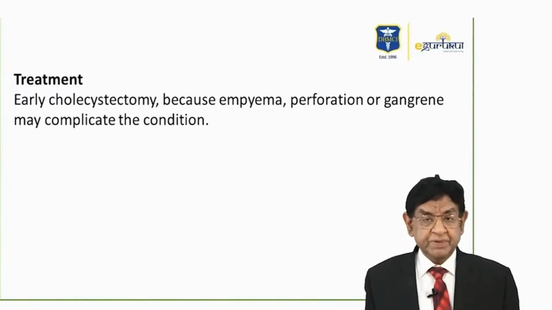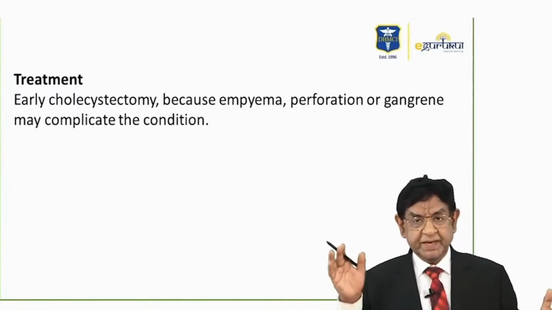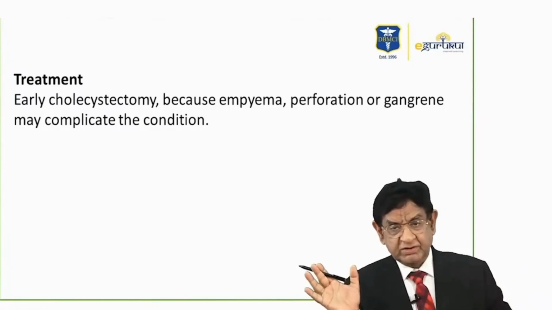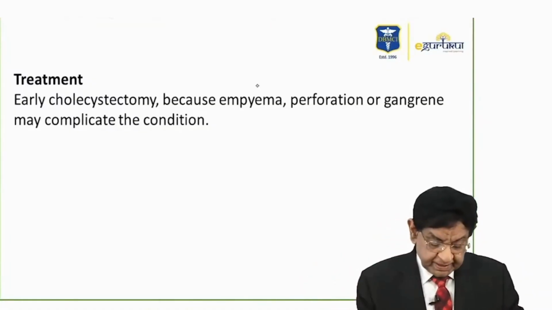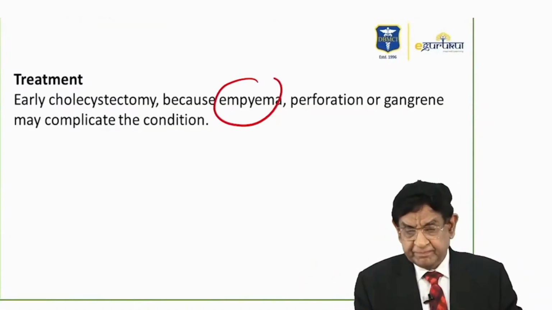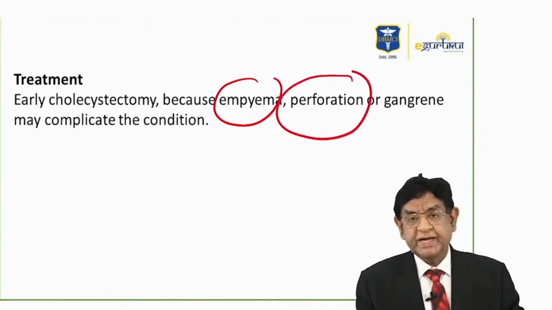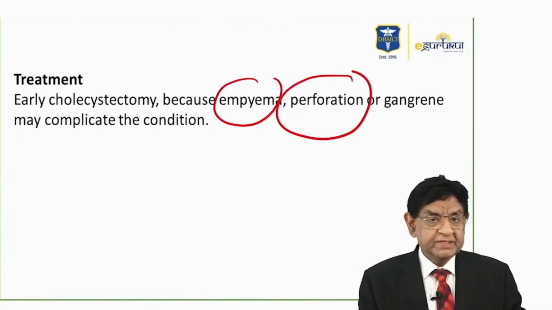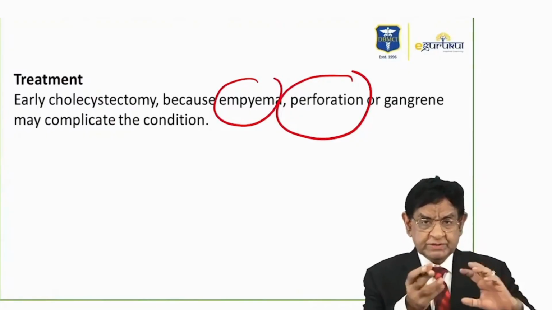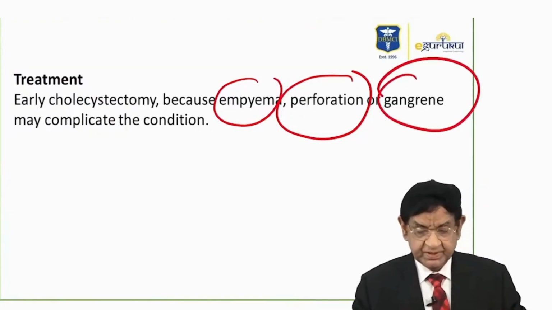because it is a big balloon containing a lot of mucus. It can get infected and an empyema may form. It's a big balloon, it can perforate any time. It's a very big balloon, it can twist, it can become gangrenous.